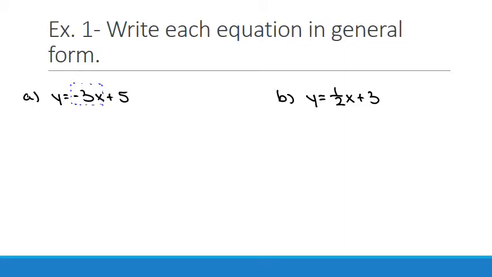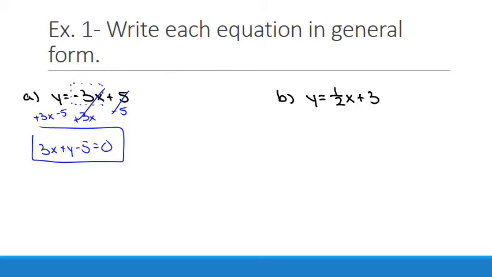Because we want that 3 to be positive, we're going to move it to the other side to make it positive. Plus 3x. Then I'll add 3x over here. Moving everything to the left, that means I've got to move this 5 too, so subtract 5. And then I'll put it in the proper order. The x always comes first, then the y, so that's a positive 1, and then our constant. So that one was pretty easy to put into general form.